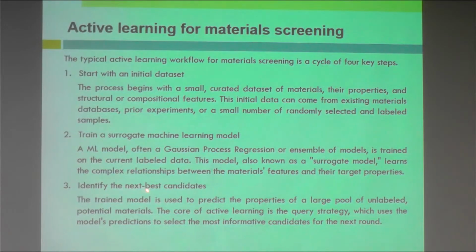Number 3, identify the next best candidate. The trained model is used to predict the properties of a large pool of unlabeled potential materials. The core of active learning is the query strategy, which uses the model prediction to select the most informative candidate for the next round.